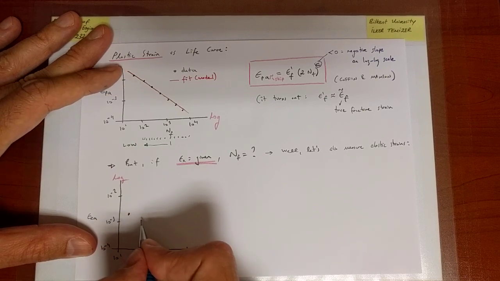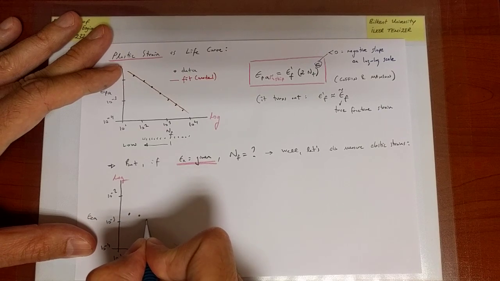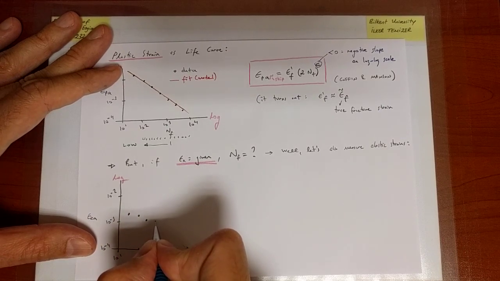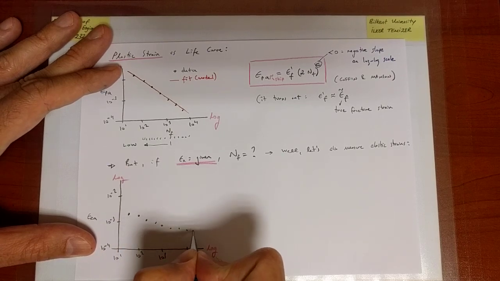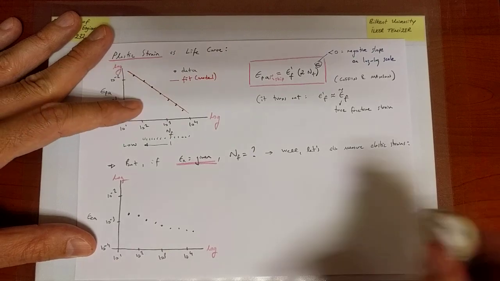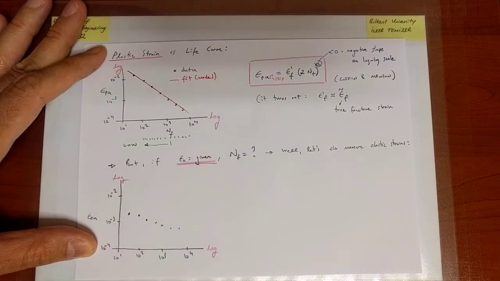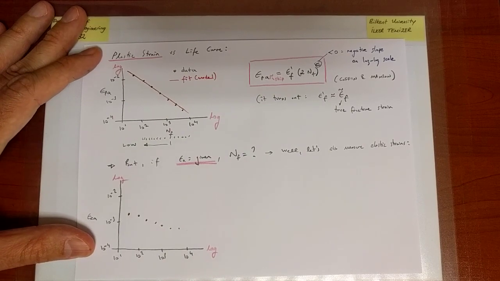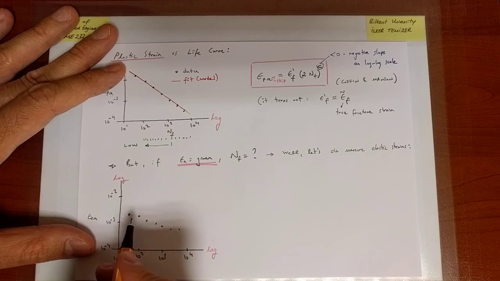So we collect the data for all of those points as we did earlier and just do a different map, this time elastic strain versus life. And again, let me idealize the curve. This is what we end up with. Well, it's the same set of data, so let me put roughly the same number of points. Okay, so then we go ahead and we again fit a line through this.